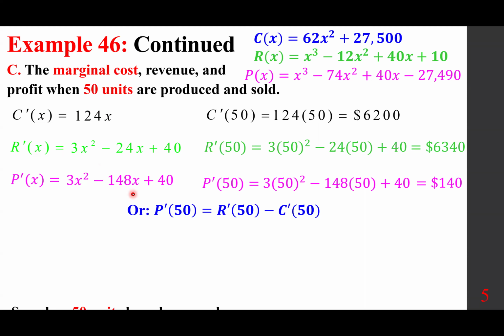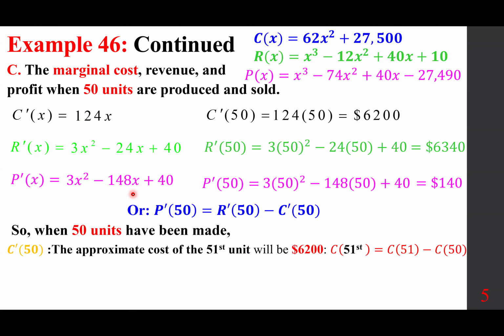Now, so when 50 units have been made, the approximate cost of the next unit, the 51st unit, will be $6,200. So this is the significance of this.